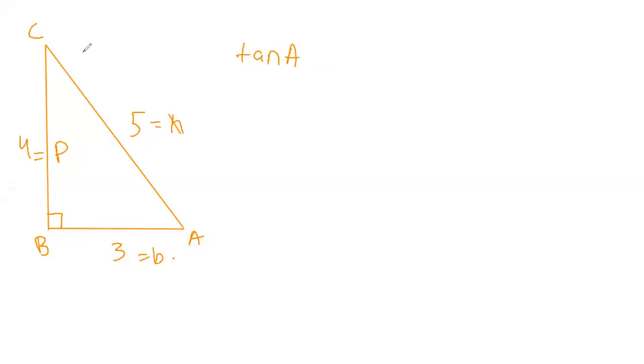So tan A, if this is the first question given to you, tan A basically means this angle. With respect to this angle, tan A is perpendicular upon base, that is 4 upon 3. So this answer will be 4 upon 3, no units.